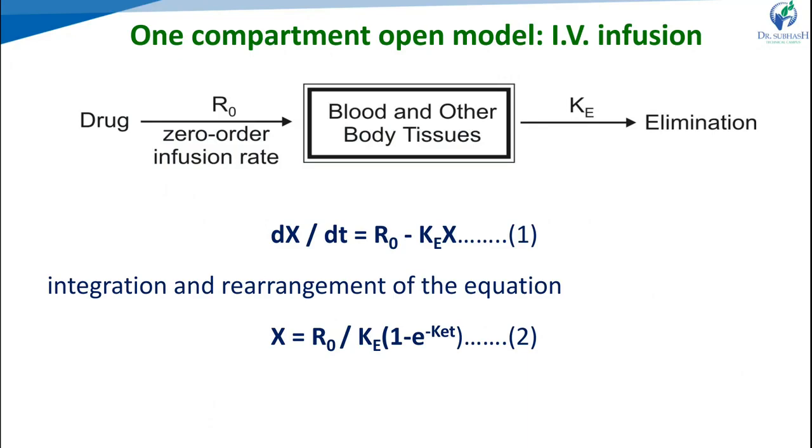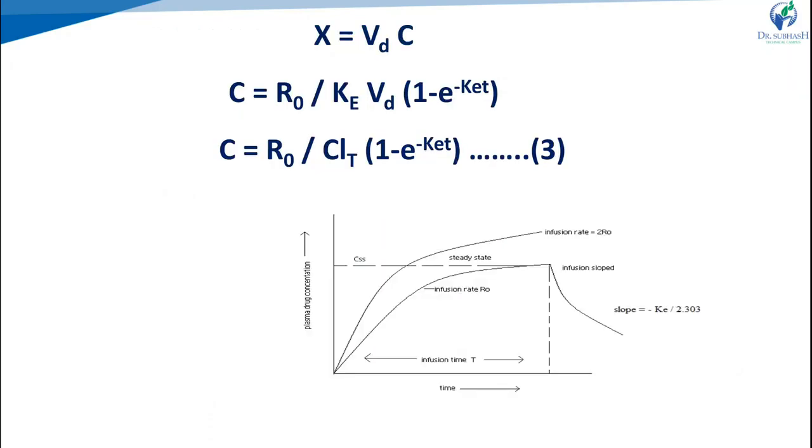So integration and rearrangement of that previous equation into the exponential form becomes X is equal to R0 upon Ke, in the bracket 1 minus e raised to minus Ket. But the amount of drug in the body is difficult to find out, so we have to convert it into the plasma drug concentration using X is equal to Vd into C. So the equation becomes C is equal to R0 upon Ke into Vd, in the bracket 1 minus e raised to minus Ket.